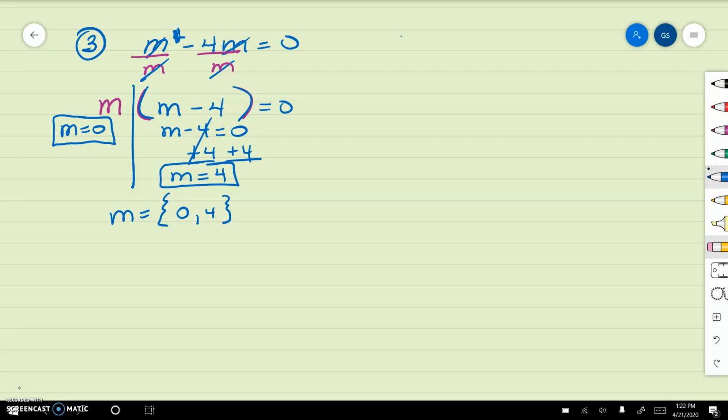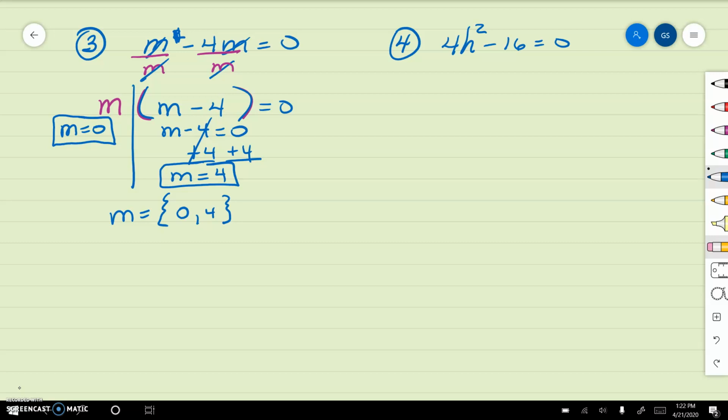Okay, number 4. Last one I'm doing with you. 4h squared minus 16 equals 0. Okay, so it can't be the x method, meaning for the trinomials. The next thing you should be checking is the GCF.